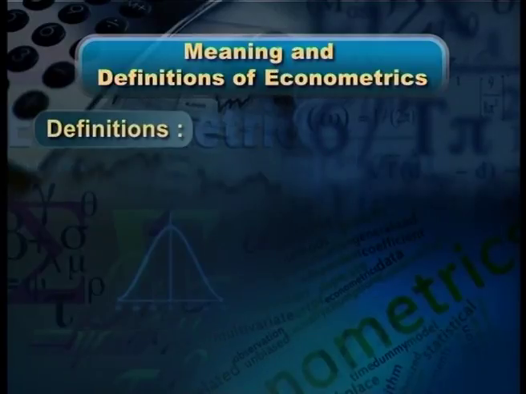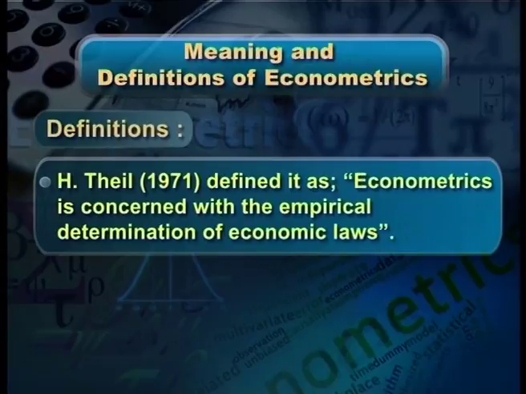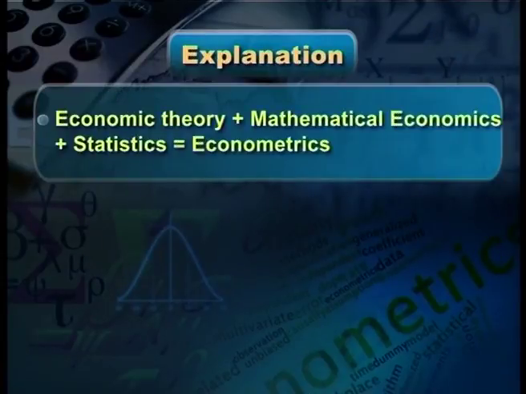Another famous economist, H. Theil, defined it as: econometrics is concerned with the empirical determination of economic laws. With these definitions, we can conclude that econometrics is a combination of economic theory plus mathematical economics and statistics.